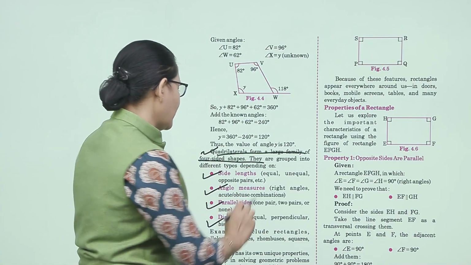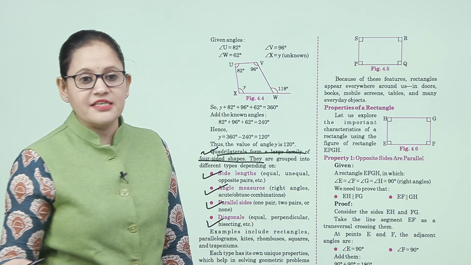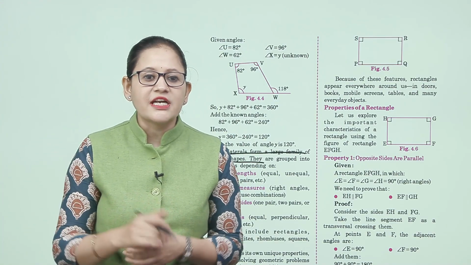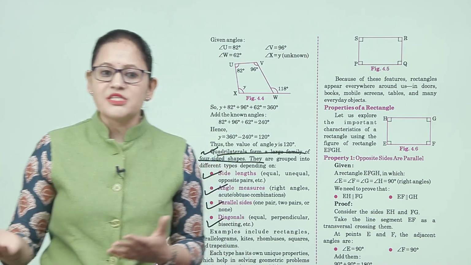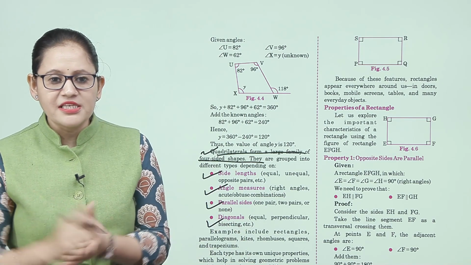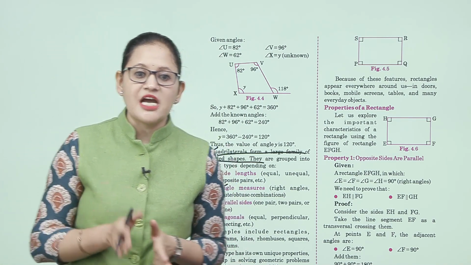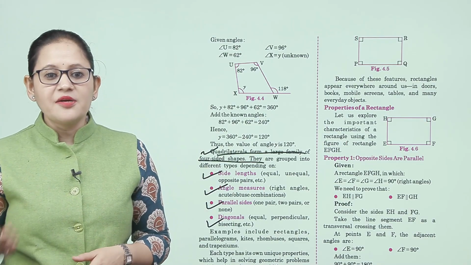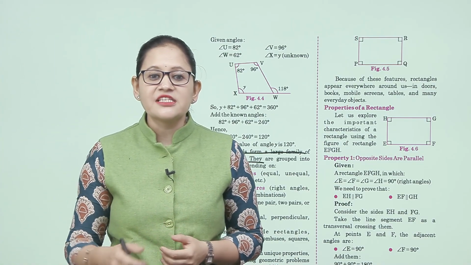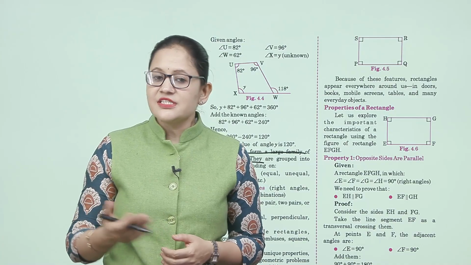Diagonals that are equal, perpendicular or bisecting, etc. Examples include rectangle, parallelogram, kite, rhombus, square and trapezium. All these are quadrilaterals. Each type has its own unique properties which help in solving geometric problems and identifying the shape in real life structures.